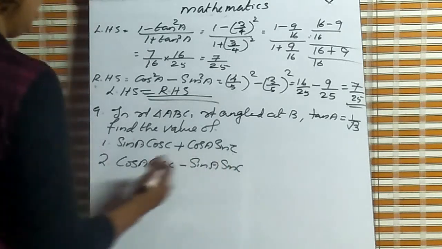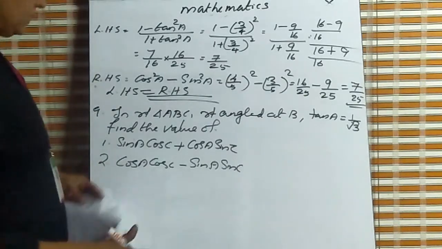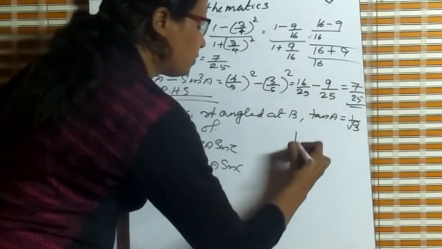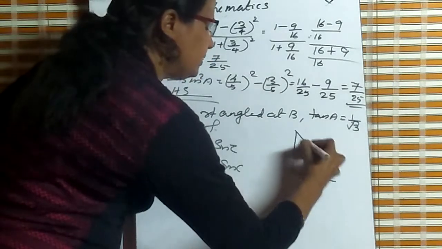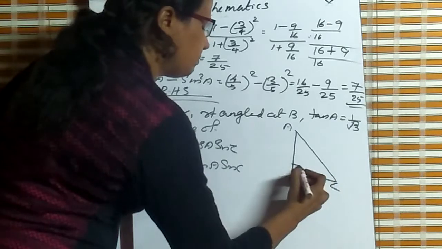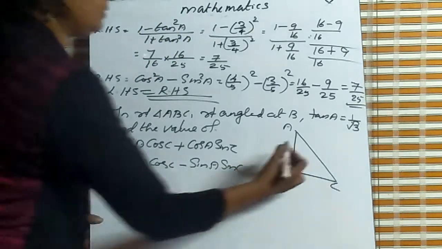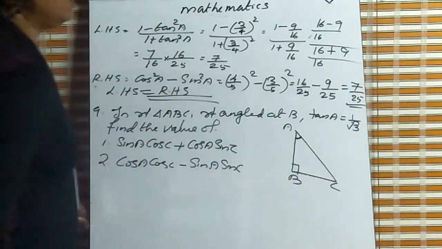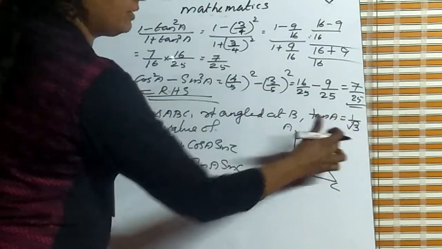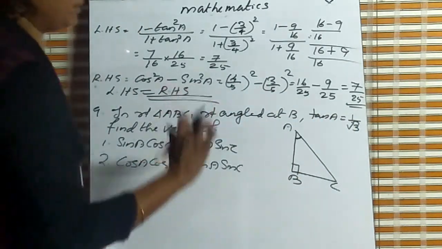Read the question. In right triangle ABC, right angle at B. Right triangle, you draw a rough figure ABC, with right angle at B. Tan A is equal to, based on this acute angle, 1 by root 3. What is tan A? Opposite side by adjacent.